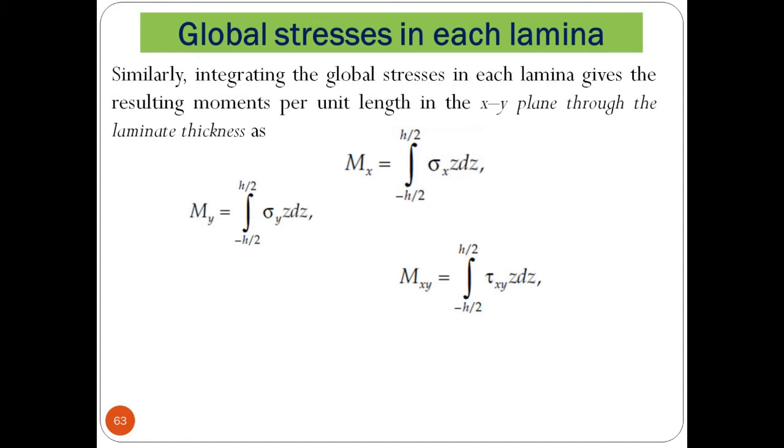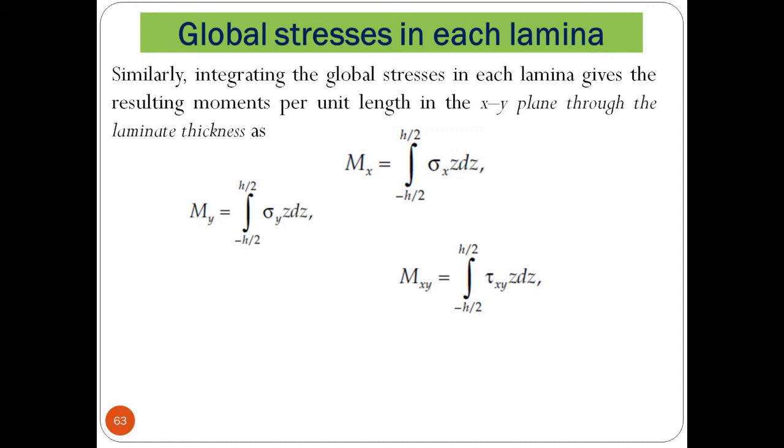Once again, the abbreviation remains the same as we discussed for the forces per unit length in the xy plane through the laminate thickness. So finally, these formulas give us an opportunity to have a relationship between the forces and the moments, which are considered about the xy plane for the entire laminate thickness varying from minus h by 2 to h by 2.